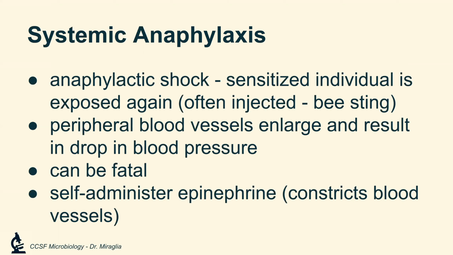People with known risk of systemic anaphylaxis, so you've been stung by a bee before, or maybe you're allergic to peanuts, they will often carry an EpiPen. The epinephrine pen will constrict blood vessels and help you breathe and hopefully open up your airway, allow you to hopefully survive your anaphylactic experience.